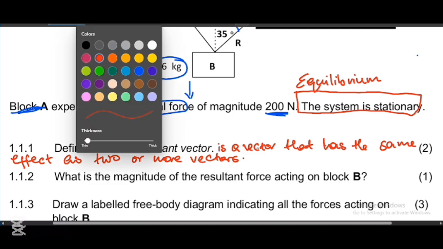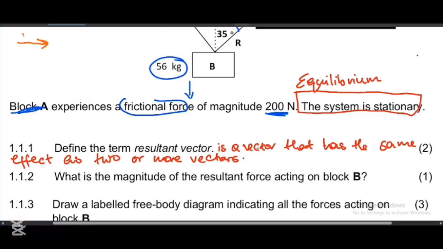Let us try and explain this definition. Let's say, for instance, we are given this vector going in this direction. We have vector 1 going this direction, and another vector going this direction, we can say this is vector 2, and another vector going this direction as vector 3. The resultant vector will be V resultant equals V1 plus V2 minus V3.